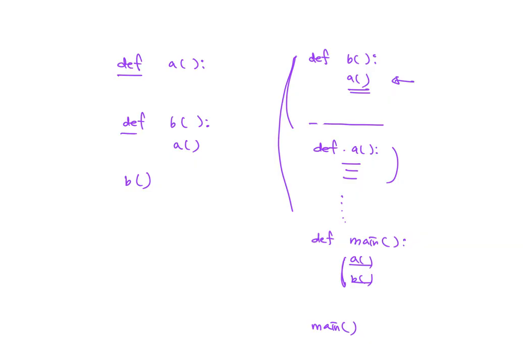Then, as long as these functions are somewhere defined, when you call the main function, there won't be any problem. Okay? That's why many people are using this main function.